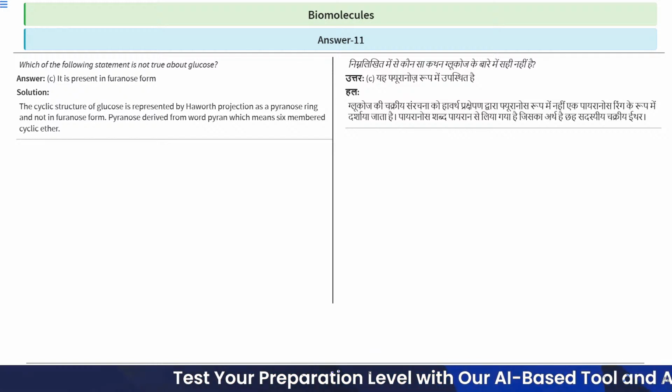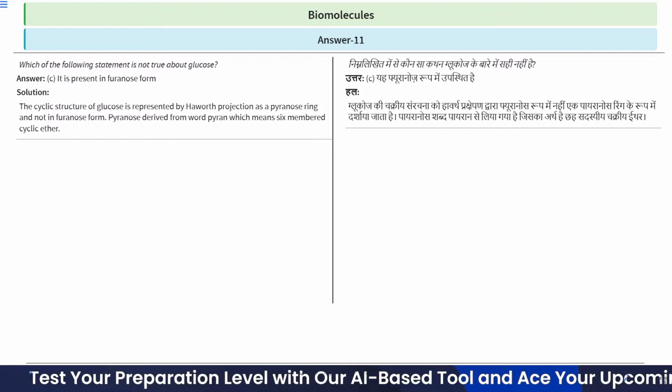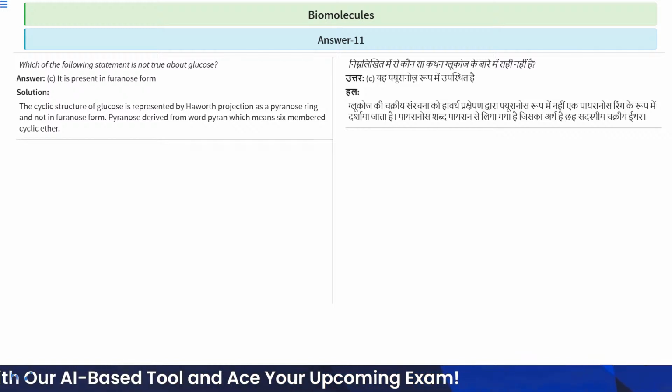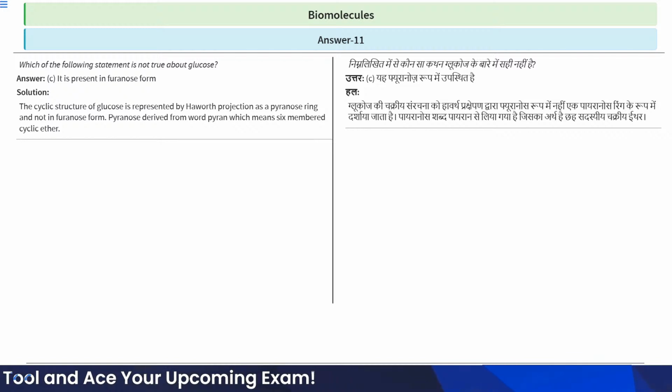That is why the statement given in option C, that glucose is present in furanose form, is not true, and this is our correct answer. So option C is the correct answer.